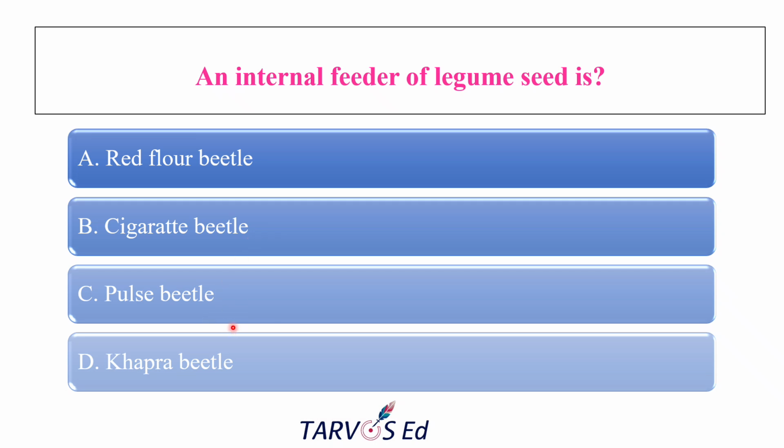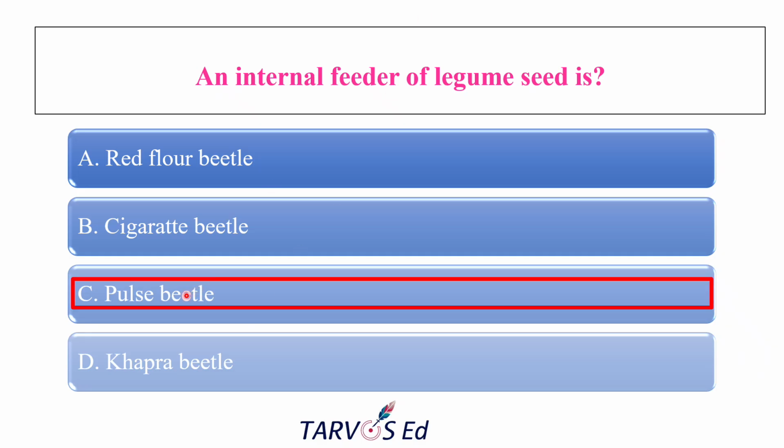Then khapra beetle, which is Trogoderma granarium. And the correct answer is pulse beetle, which is Callosobruchus chinensis, Callosobruchus maculatus. The common names are pulse beetle, and we can also say cowpea weevil. This is the type of internal feeder. Here the female of this insect lays the eggs on the seed surface.